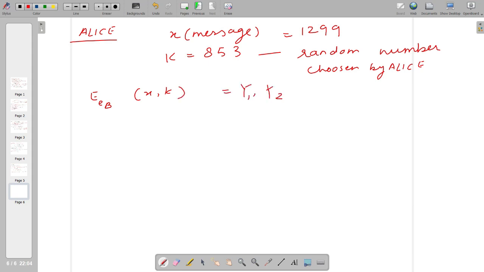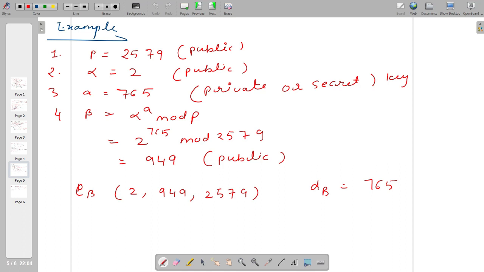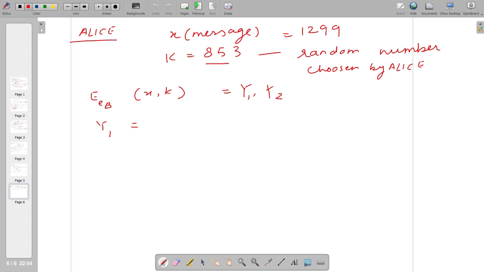Where y1 is equal to alpha to the power k. What is alpha here? 2, and what is k here? k is selected by Alice, 853. So alpha to the power k is 2 to the power 853 mod 2579. When we calculate, it comes out to be 435.